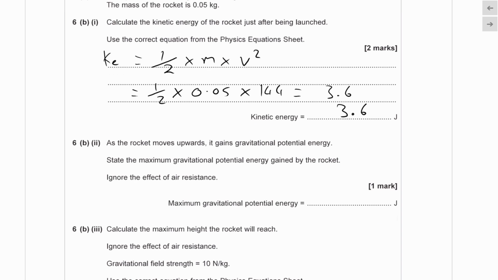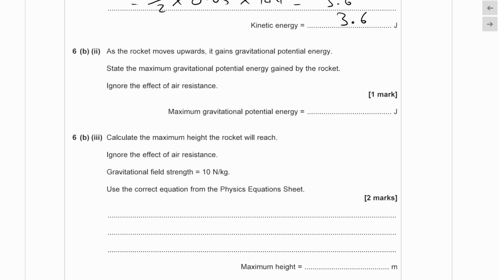So we just fill in 3.6. B part 2, it says, as the rocket moves upward, it gains gravitational potential energy. State the maximum gravitational potential energy gained by the rocket. Ignore the effect of air resistance. Now, a lot of people will panic on this question, but notice that it's only worth 1 mark, and that means you don't have to do any calculations. Kinetic energy is being converted here into gravitational potential energy.